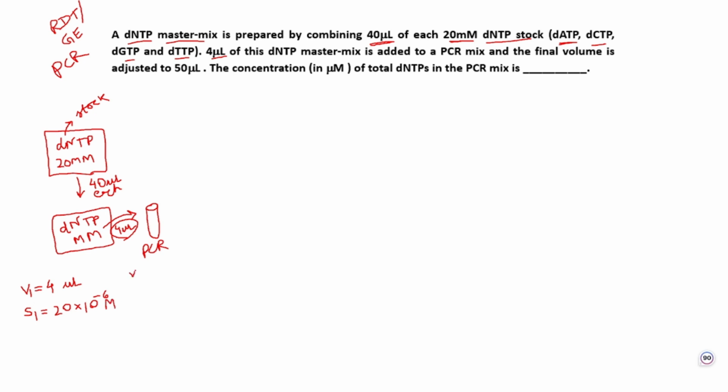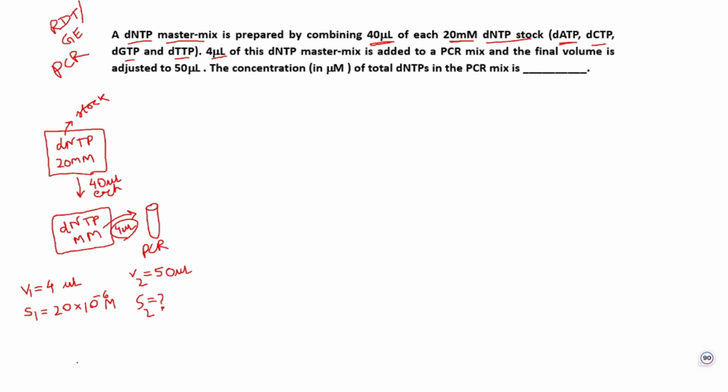The final volume is already given to you, which is 50 microliter. So the final volume after adding all the components should be 50 microliter. What should be the final concentration of all the total dNTP? So you have to find S2. This is the problem.